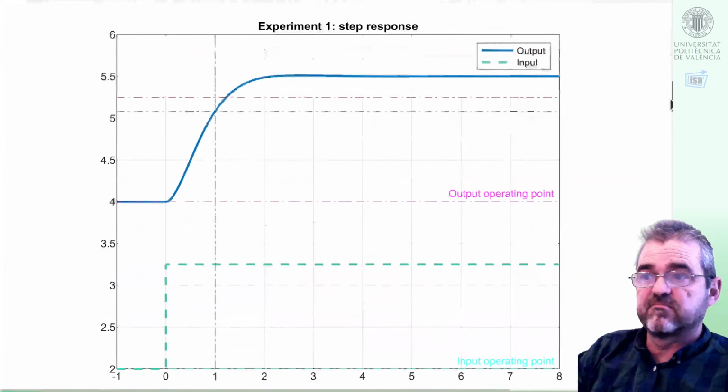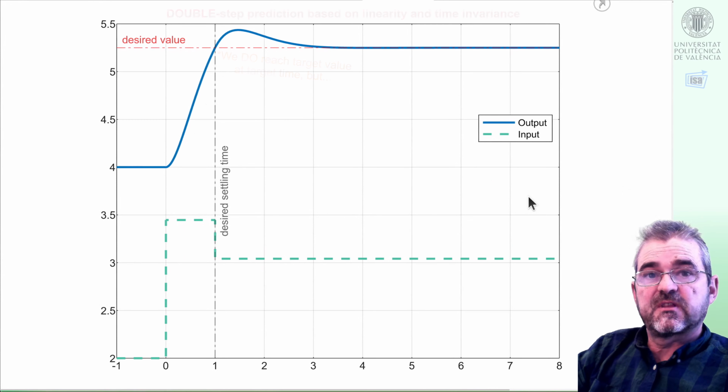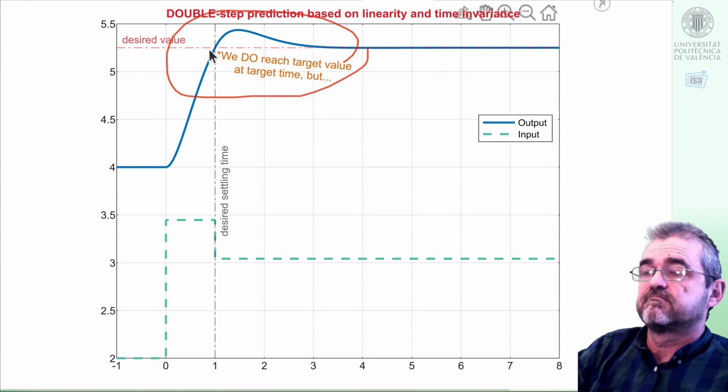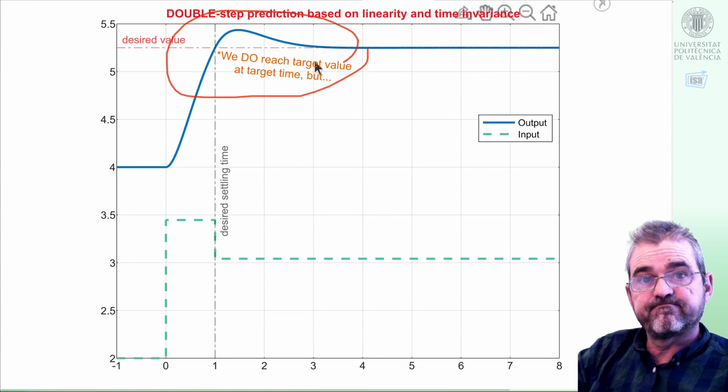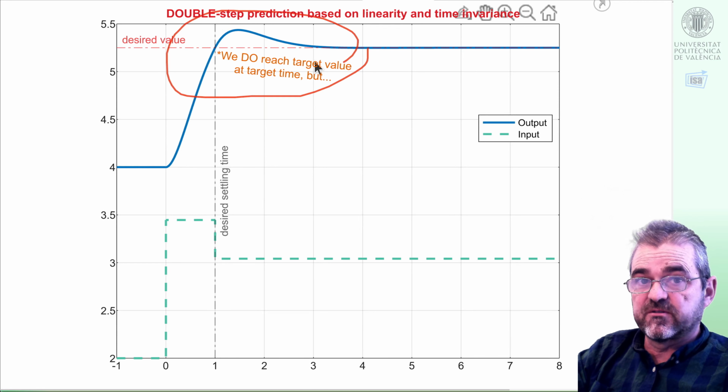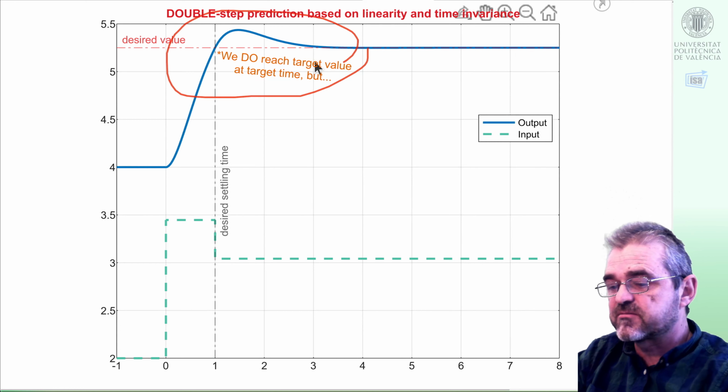But as the system has inertia, when I simulate this two-step sequence, then the initial phase is okay, the equilibrium value is okay, but we have some overshoot. The system has some speed, the input acts directly on acceleration in this case, and this overshoot wasn't accounted for when I did my computations.